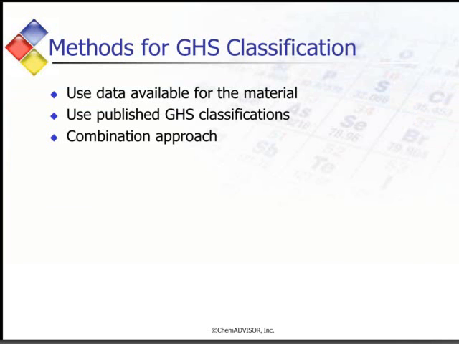So, methods for classification. First, we want to gather the data available and, when possible, use the specific data, the LD50s, the test results that we've gathered on our own for classification. And then OSHA also allows us to use the published GHS classification from other countries.